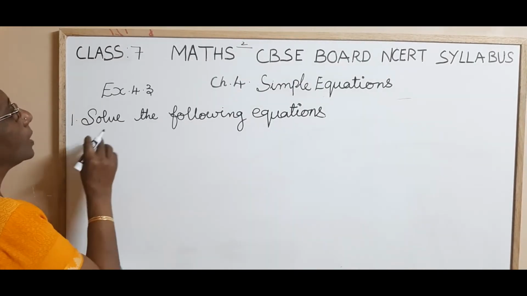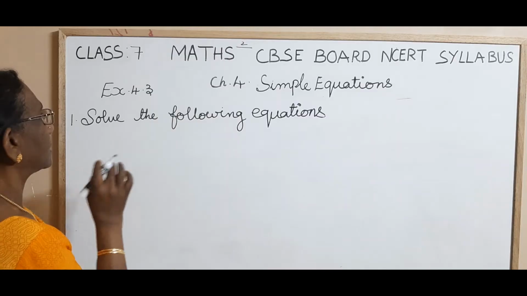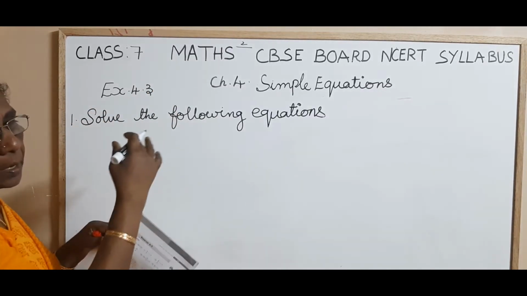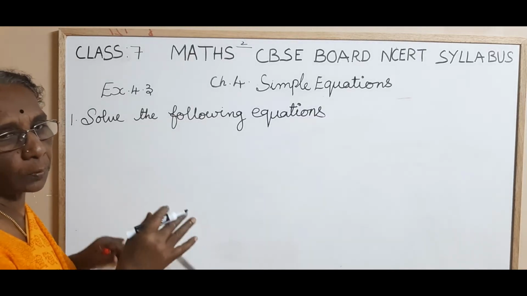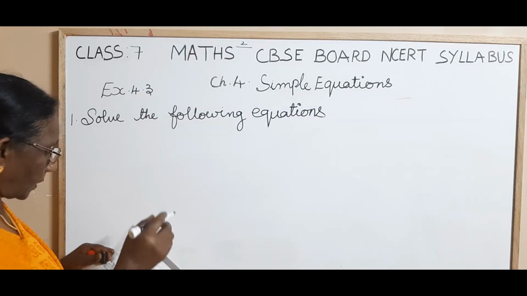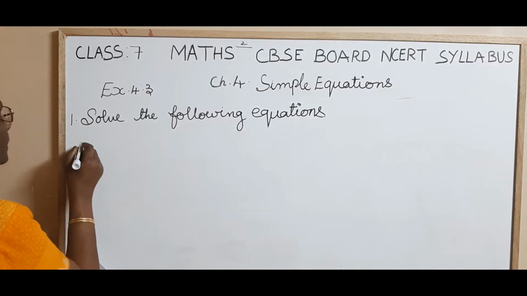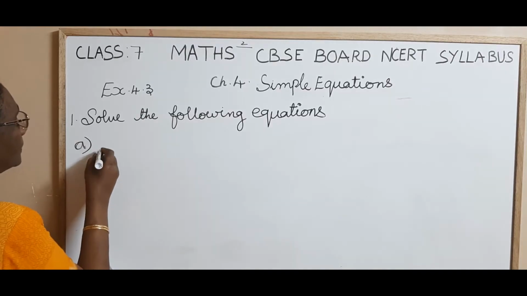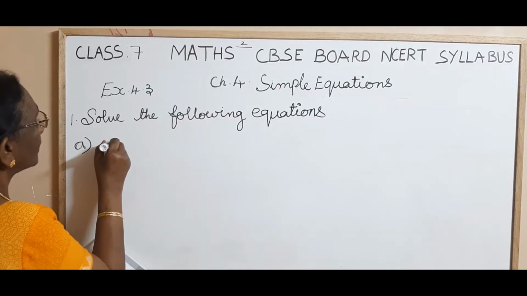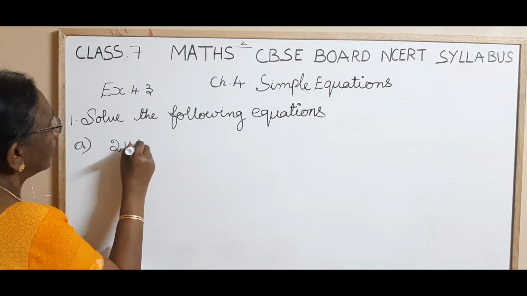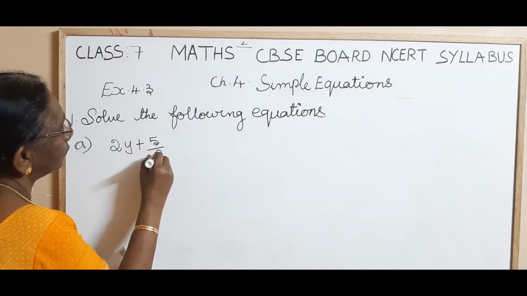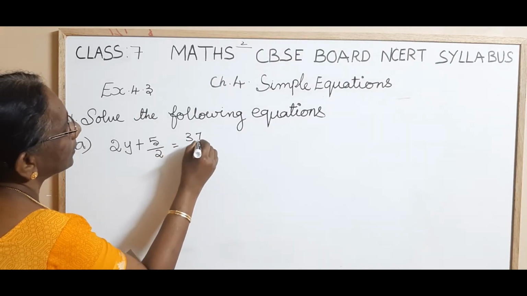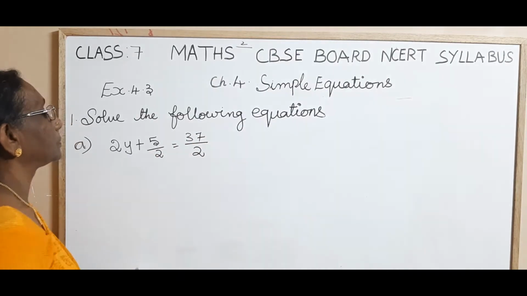Sum number 1. Solve the following equations in exercise 4.3. The same, solve the equations only, but here we are going to cut short one step and do the sum. So sum number A: 2y plus 5 by 2 is equal to 37 by 2.